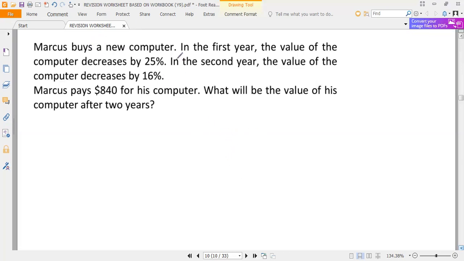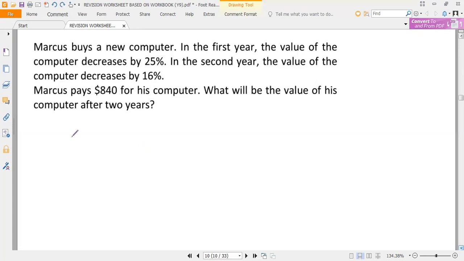The first information given here is Marcus buys a new computer. The new computer is $840. This is the price of it. So what happens next? After first year, the value of the computer decreases by 25%.